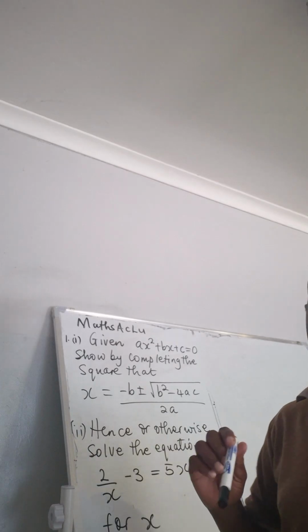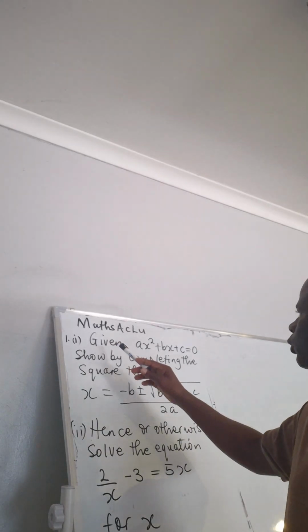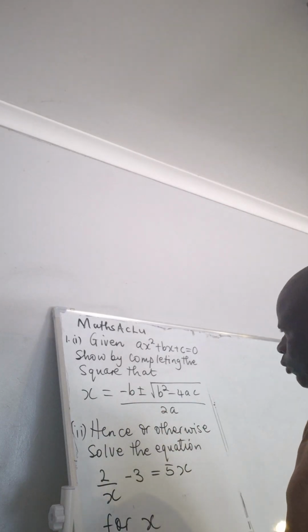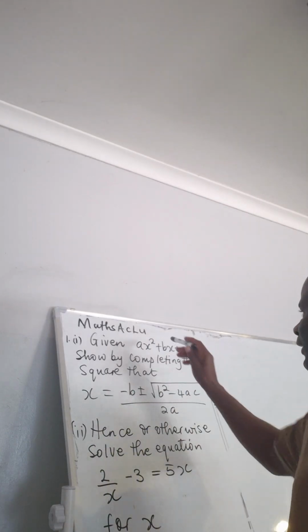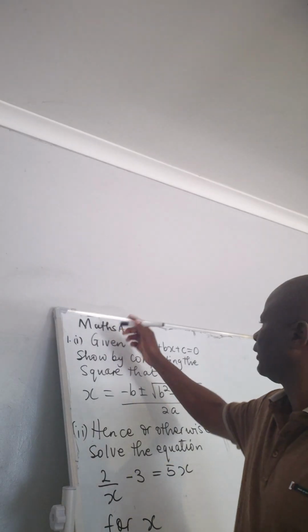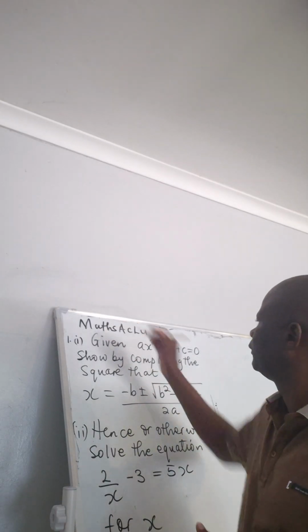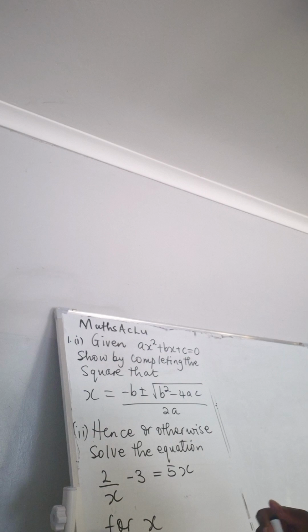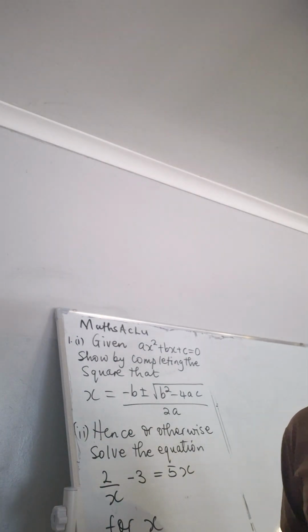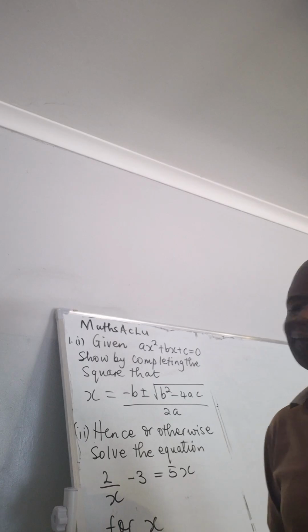Today, as I said earlier, I want to show you how the quadratic formula was derived from the standard form of the quadratic equation, ax squared plus bx plus c equals 0. And this one was done by the method of completing the square.